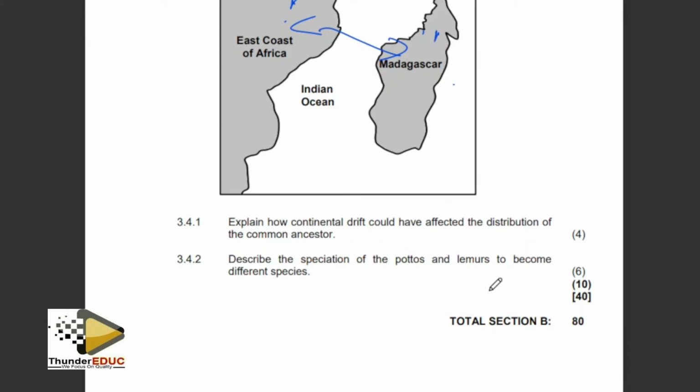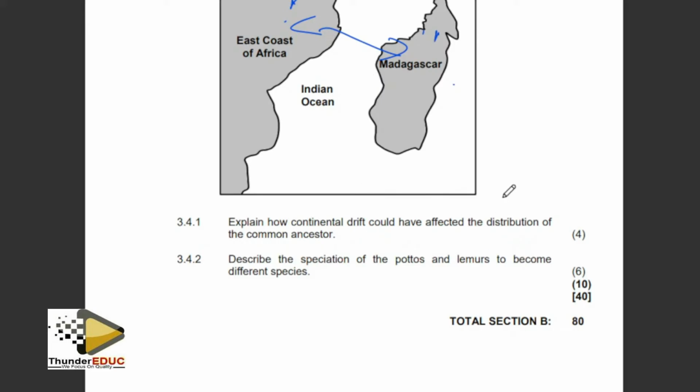You only talk about different species after talking about genotypically and phenotypically different. If you say that the population was divided into 2 different species by the ocean, you are gone. You have lost the marks. The paper has killed you. You didn't kill it.